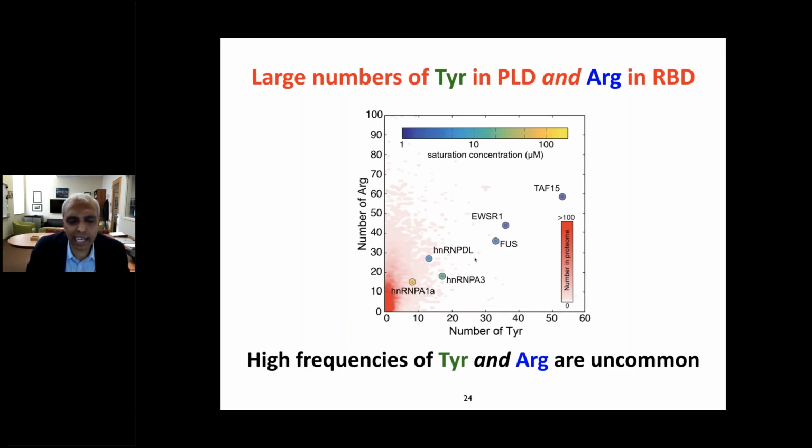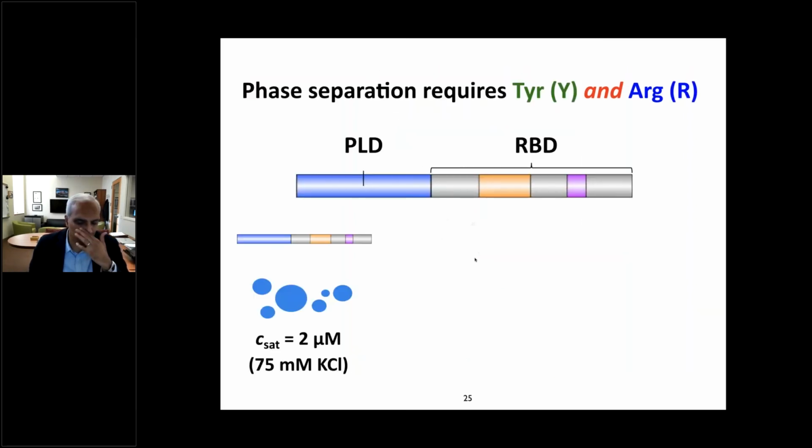So this led to us asking the following question in collaboration with the Hyman and Alberti labs: since tyrosines and arginines seem to be quite prominent, let's start making some fairly blunt-edged changes.